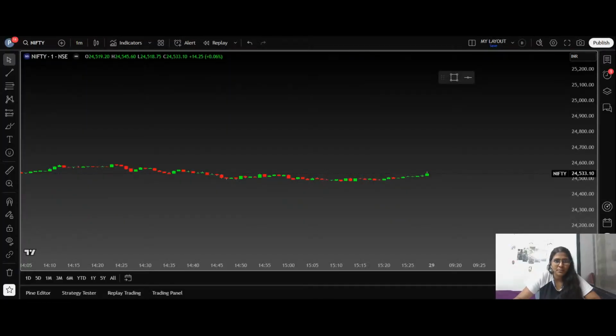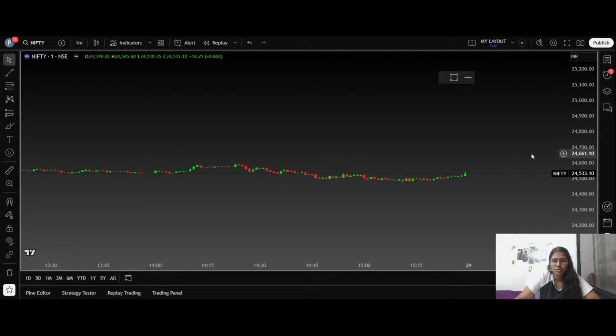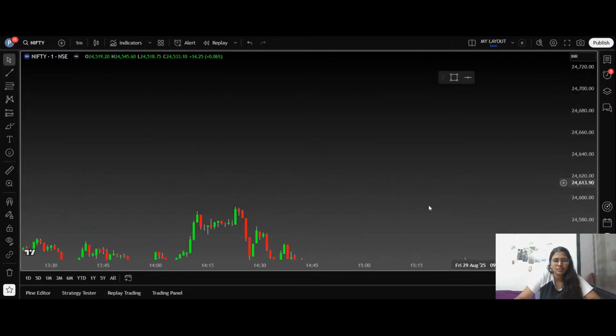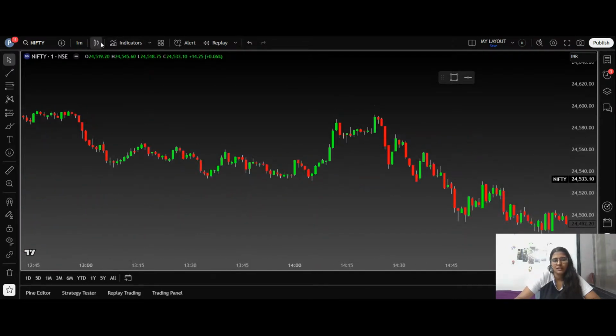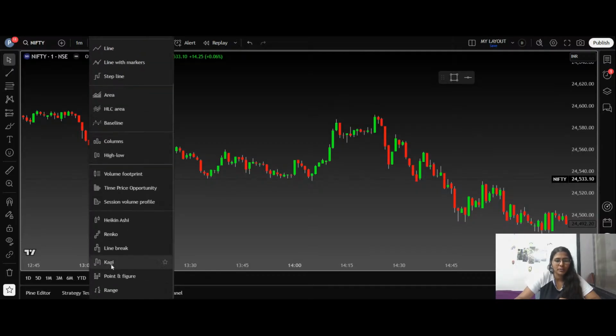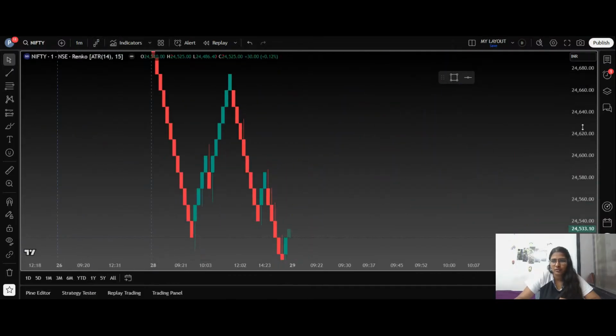Hope my screen is visible to you all. Here the candle is nothing but a simple candlestick pattern, like our normal candle. Today's topic will be Renko candles.